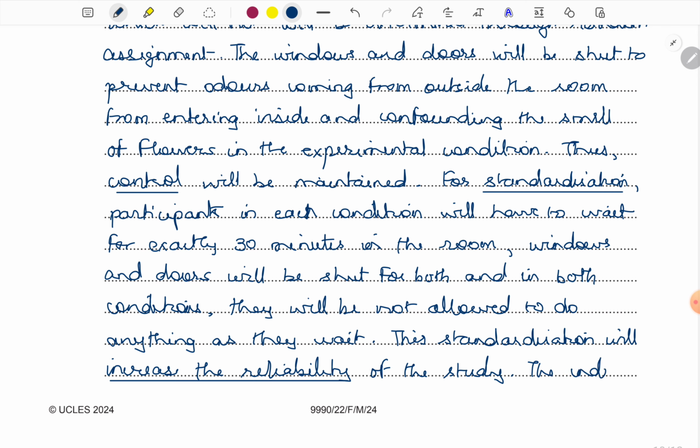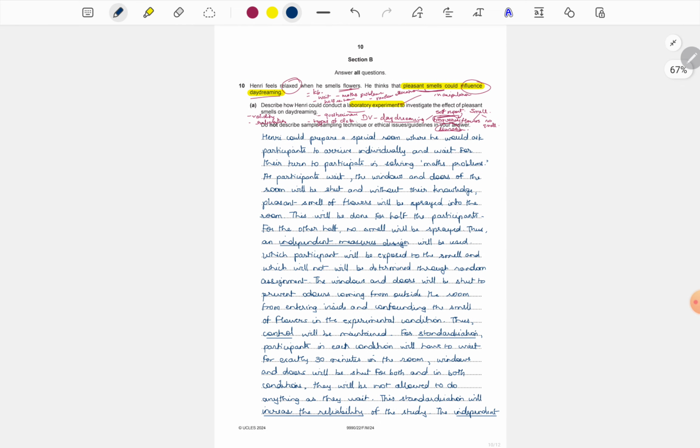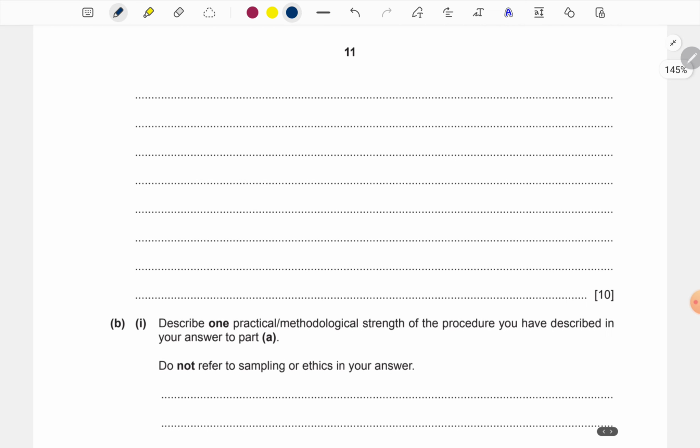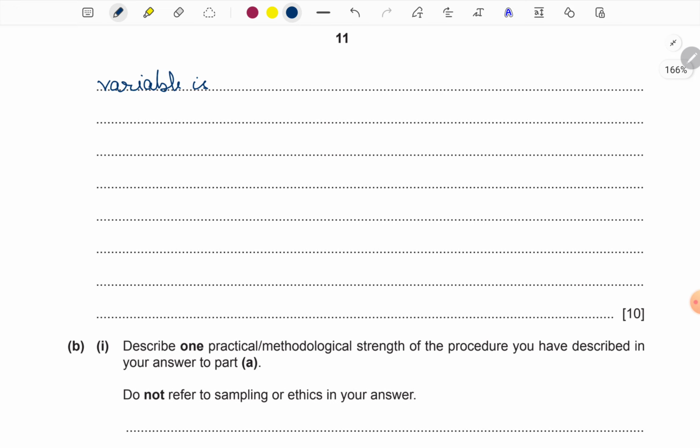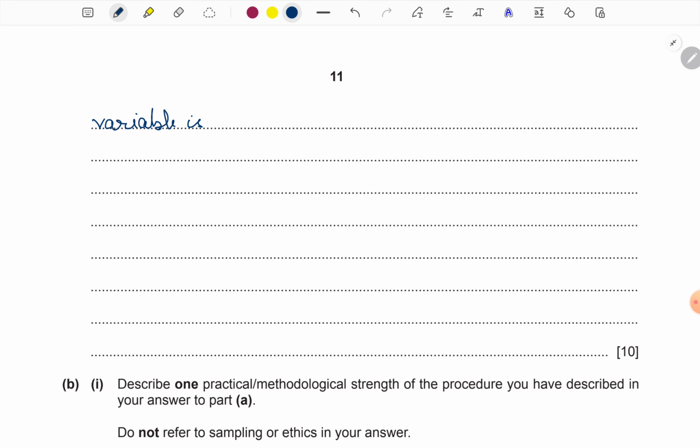Now it's understood what the independent and dependent variable is, but still, like I said, be explicit about everything, so just specify. The independent variable is type of smell, manipulated at two levels, pleasant smell and no smell.